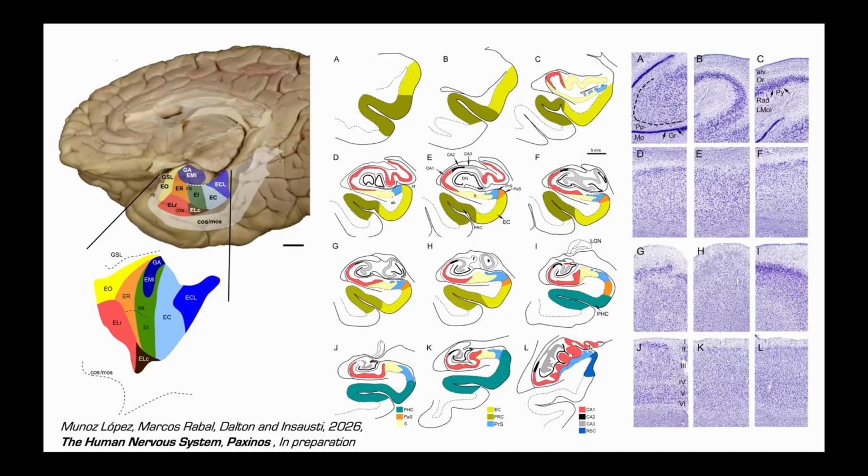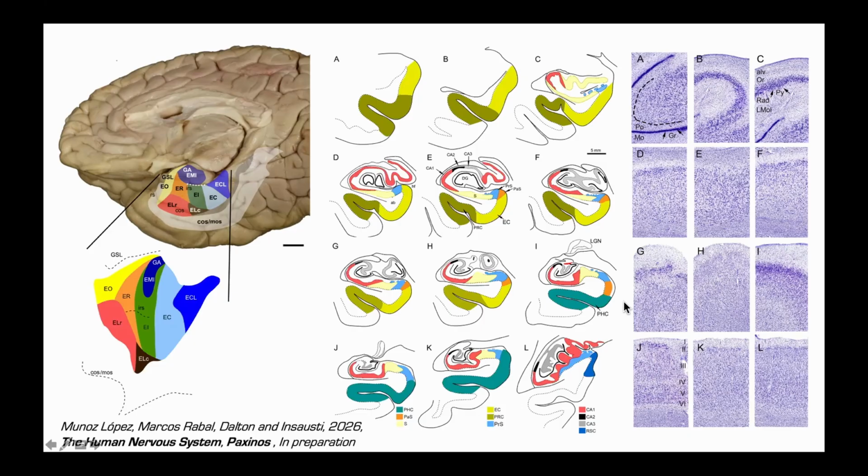Then the picture in the middle, with all the drawings, was a cartoon drawing of not only the entorhinal cortex here in light green, but also all the subareas of the hippocampus and subiculum and perirhinal cortex and posterior parahippocampal cortex. This is an edited version of a previous one that he had, and that will now be published in the new book on the human nervous system, edited by Paxinos.